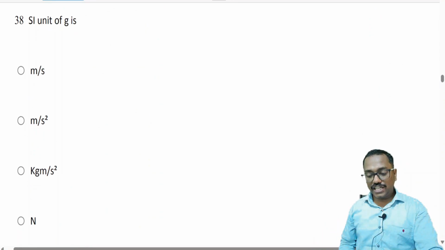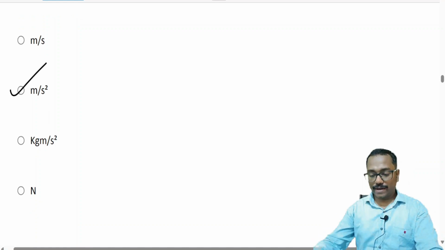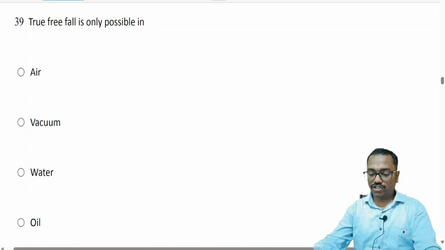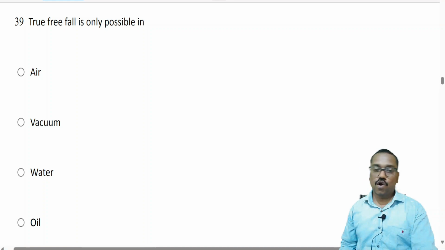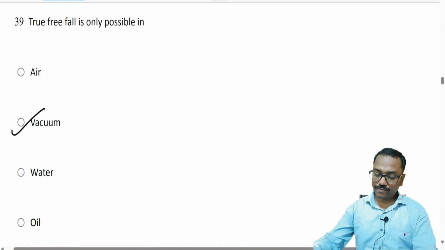SI unit of g: meter per second square, kilogram, meter per second square, Newton. So its answer is meter per second square. Next, 39th question. True free fall is only possible in air, vacuum, water, oil. So we already know it is vacuum.